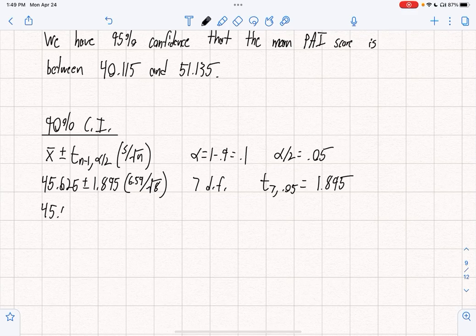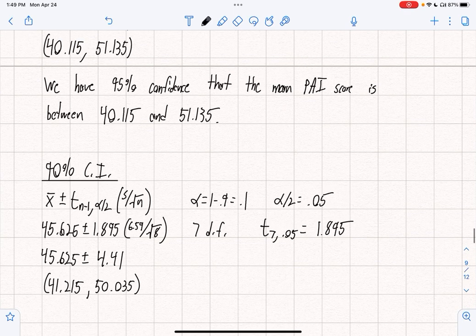Let's continue to simplify this. Our margin of error now is 4.41, and therefore my interval becomes 41.215 to 50.035.